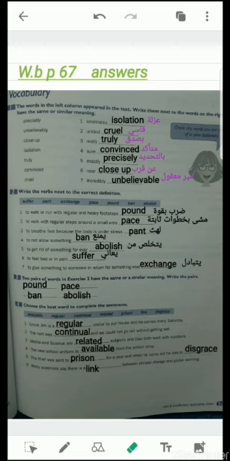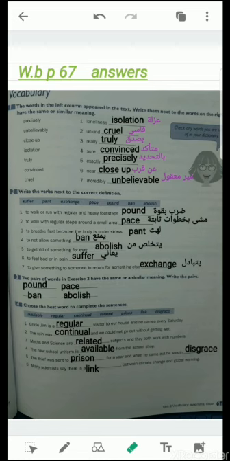Allow means يسمح, not allow means يمنع, which is ban. To get rid of something forever, تخلص من شيء للأبد. Get rid of is a phrasal verb, meaning يتخلص من, which is abolish.